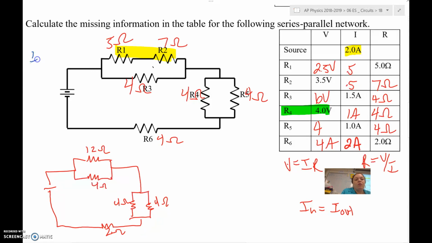So 1 over 12 plus 1 over 4 becomes 1 over 12 plus 3 over 12, which gives us 4/12, which is 1/3. And you take the inverse of that last sum, right? So that means that becomes 3 ohms.